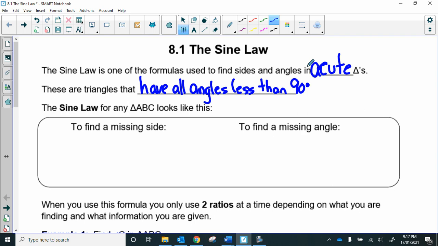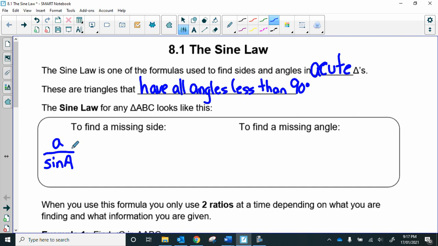To find a missing side, your formula for the sine law is going to look like this: little a, which is a side, over sine capital A. The little a is the side, capital A is the angle.